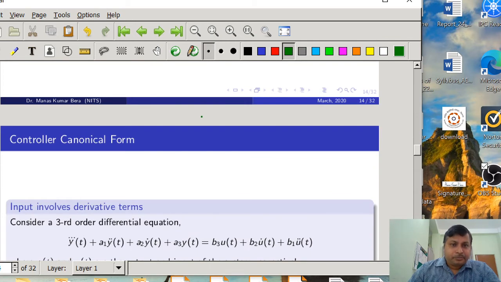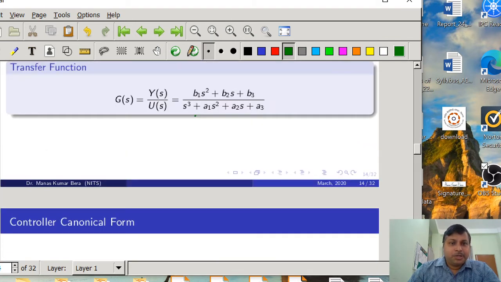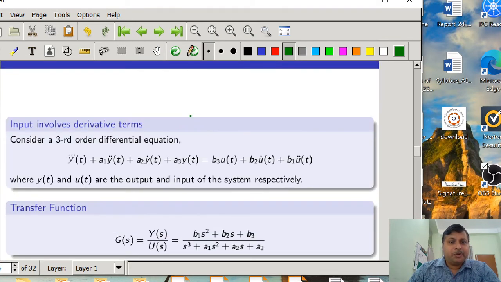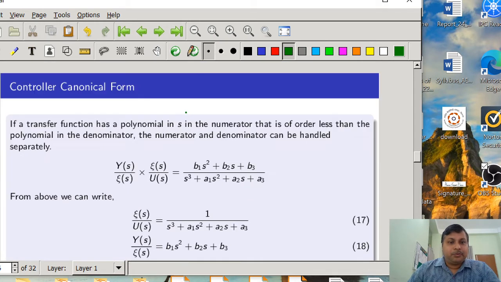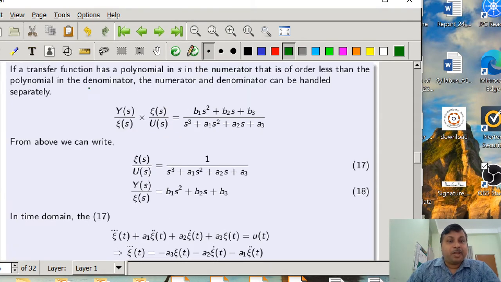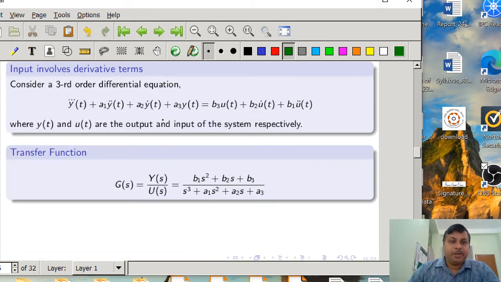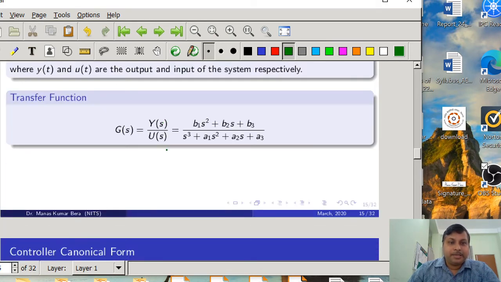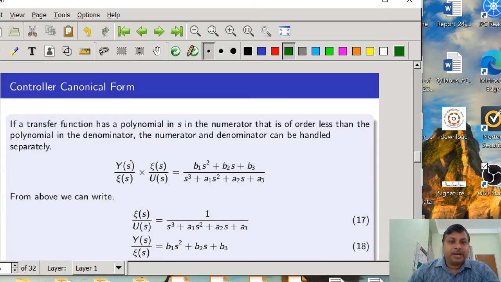What we will do is introduce a third variable, that is zeta(s). The same equation, Y(s) by U(s), is written as Y(s) by zeta(s) into zeta(s) by U(s).